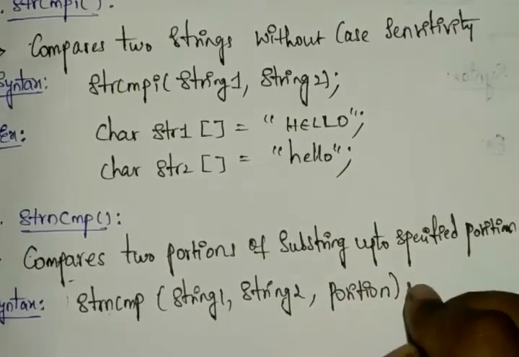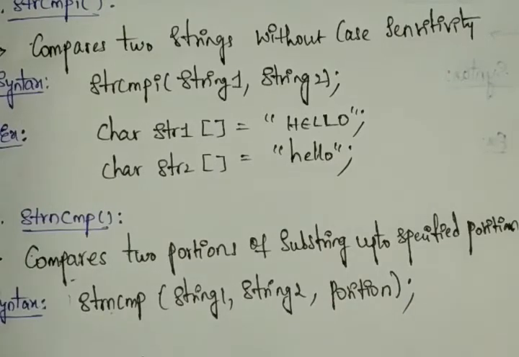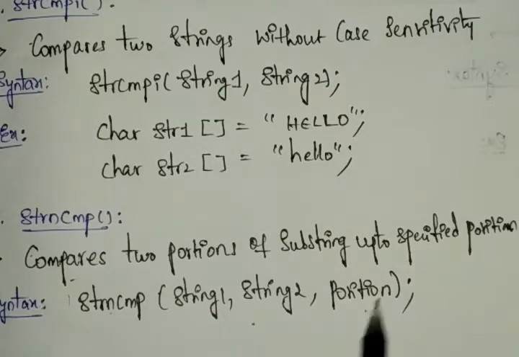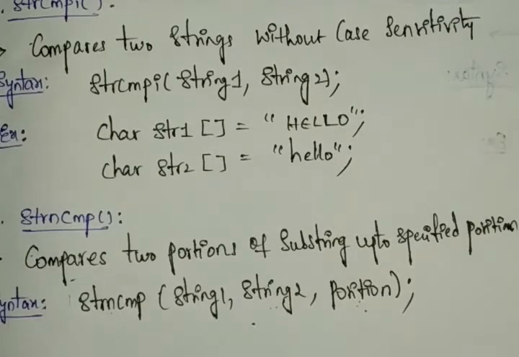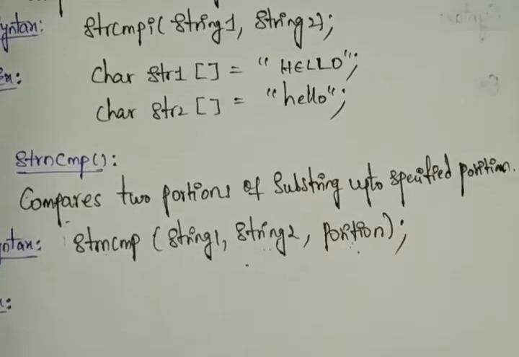String 1 and string 2 are character arrays, and the position is an integer value. The function returns a value of integer type.